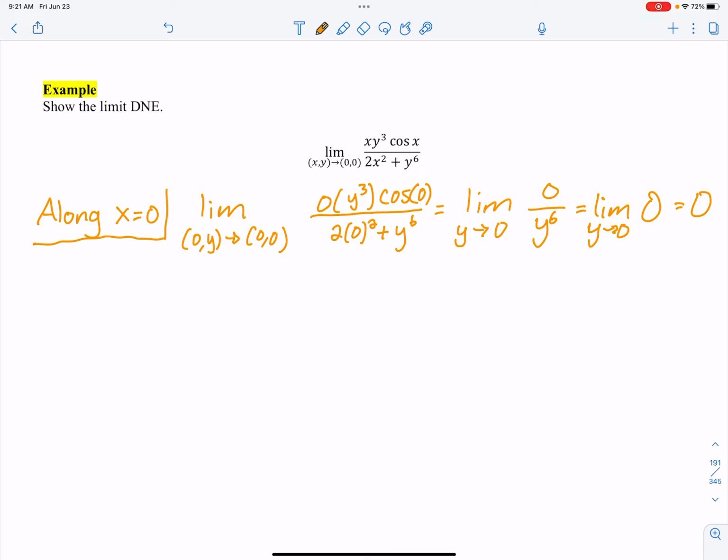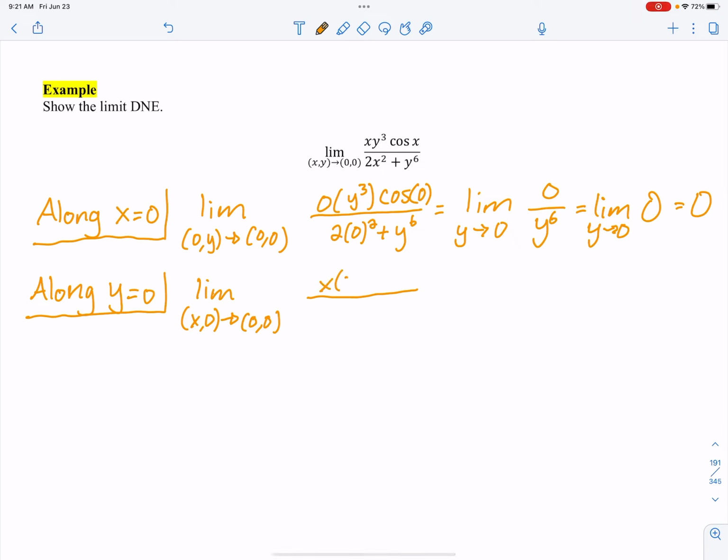All right. We'll do along y equals 0 with high hopes that it will give me another number. So we got the limit of (x, 0) going to (0, 0). We're going to plug 0 in for y this time. So we got x times 0 cubed cosine x over 2x squared plus 0 to the 6th.